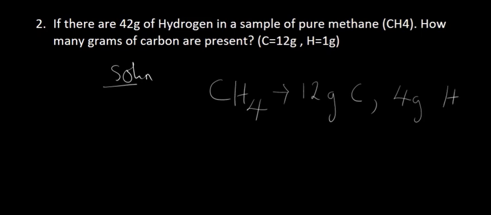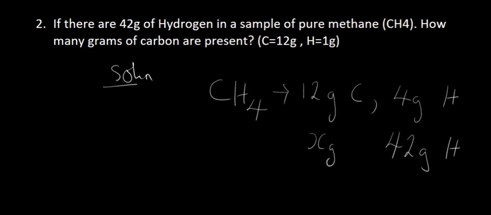Hydrogen atom. Then the question now said, if there are 42 grams of hydrogen, so we are given 42 grams. So you put it for hydrogen in a sample of pure methane. How many grams of carbon? That of carbon, we don't know.